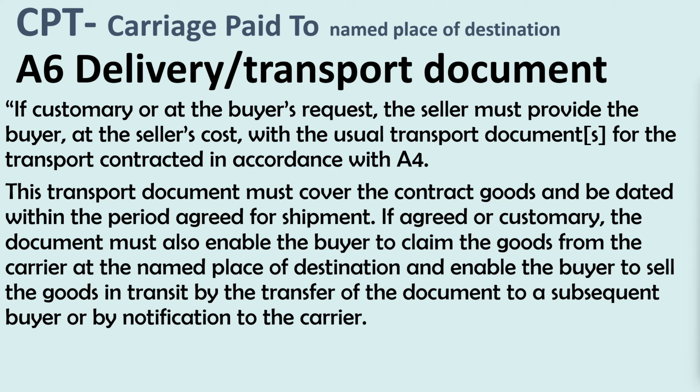If agreed or customary, the document must also enable the buyer to claim the goods from the carrier at the named place of destination and enable the buyer to sell the goods in transit by the transfer of the document to a subsequent buyer or by notification to the carrier.